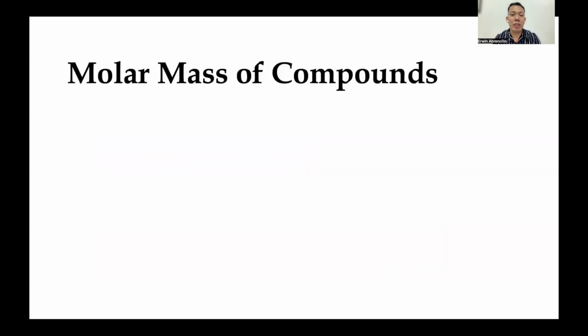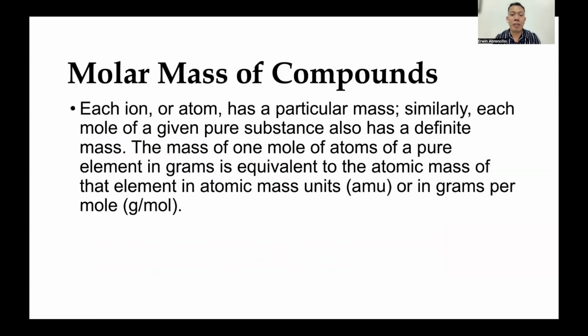So let us now talk about the molar mass of a compound. Each ion or atom has a particular mass, as we all know. Similarly, each mole of a given pure substance also has a definite mass. The mass of 1 mole of atoms of a pure element in grams is equivalent to the atomic mass of that element in atomic mass units or AMU, or in grams per mole.